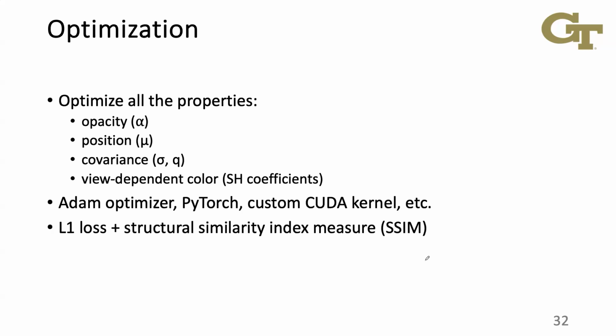And then they use the very typical deep learning machinery. They use the Adam optimizer, a gradient descent based iterative stepping scheme, of course. They implement their original paper in PyTorch, but they also write some custom CUDA kernels, which makes it all run very efficiently.